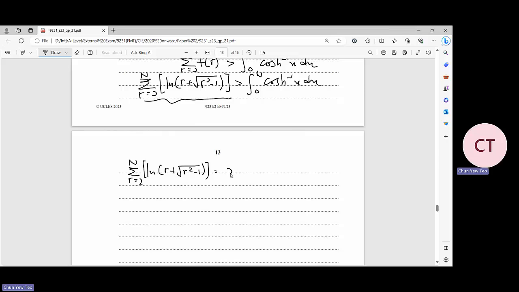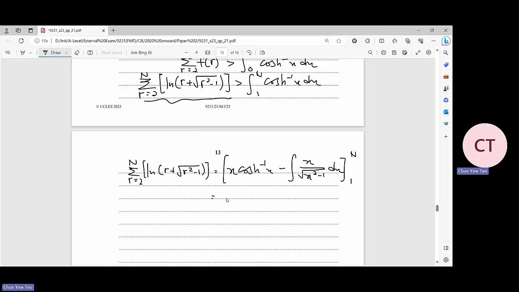Integration by parts gives x arccos x minus the integral of the differentiated arccos, which gives this. By right, the limits are supposed to be 1 to n, not 0 to n. I wrote it wrongly just now.